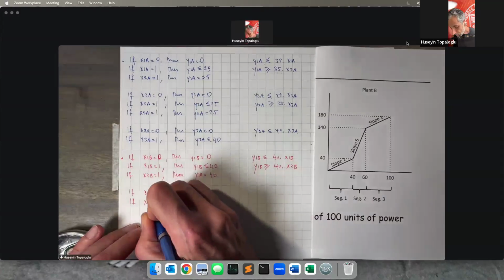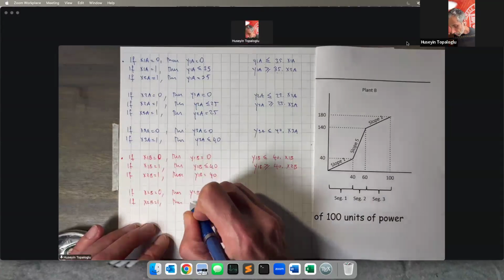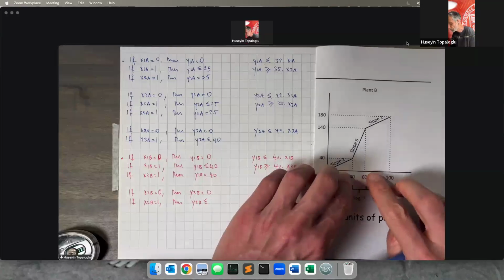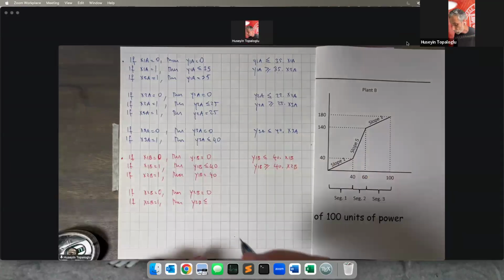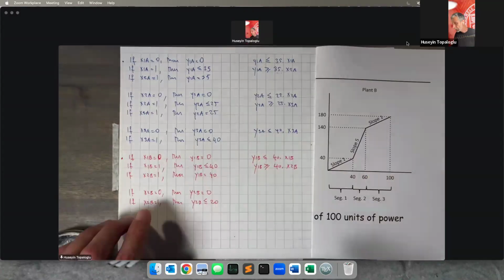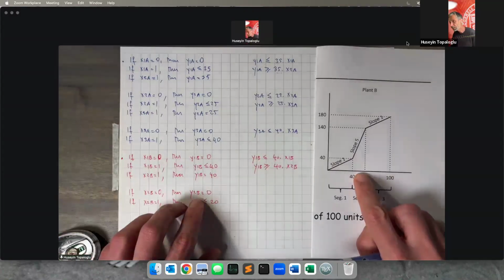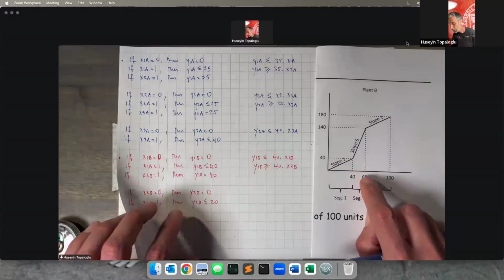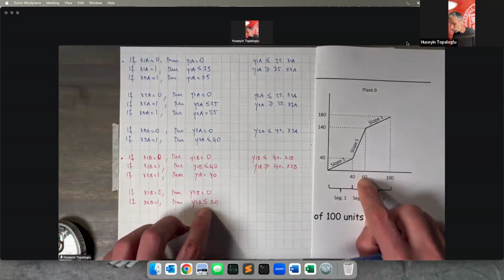If you're utilizing the second segment in plant B, then the utilization of the second segment in plant B is going to be at most 20, because the width of the second segment in plant B is 20.